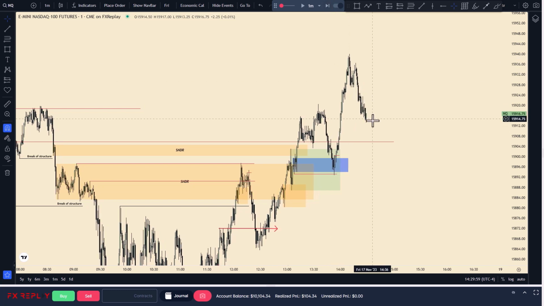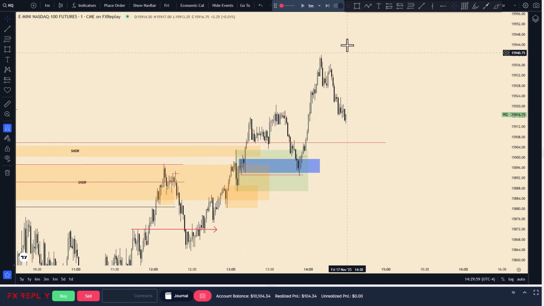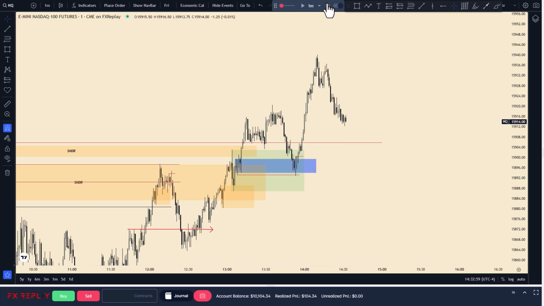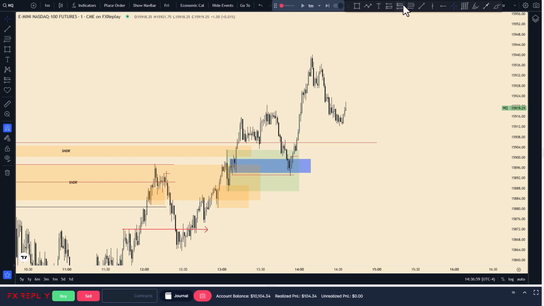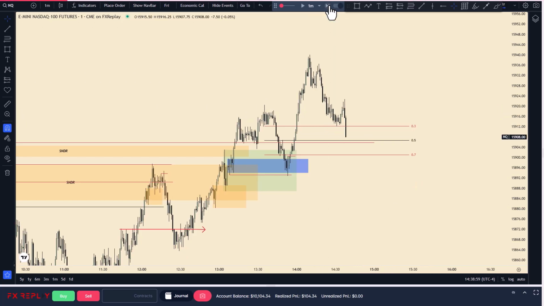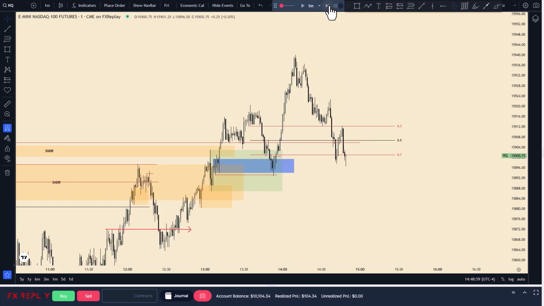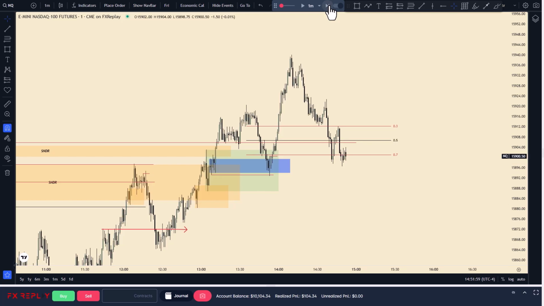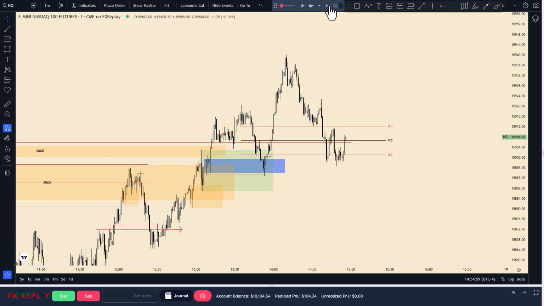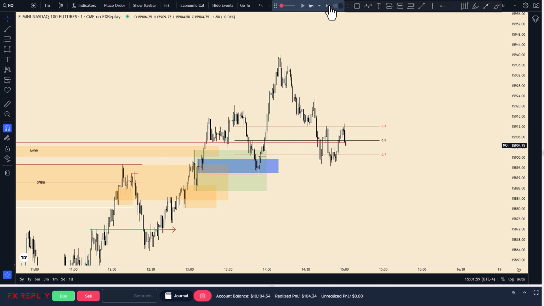We are in a pullback right now, and you can really capitalize on these on the lower time frames. This right here is the previous range. We tapped perfectly into the 30%. We are still bearish. See how we didn't close above this zone?